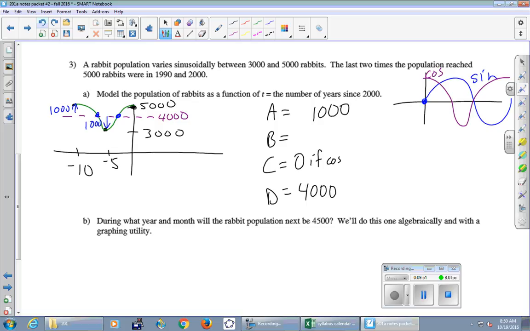What's wrong with this point over here? Yeah, it's in the middle, but it's heading down, which would be fine if we called it negative sine. But if we wanted to use sine, we have no choice. We have to pick that point right there. So that point clearly is halfway, so that's a negative 2.5.